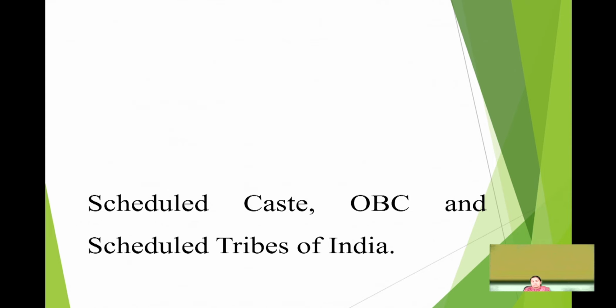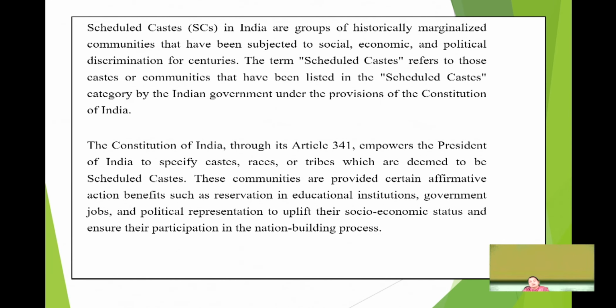So now we are going to get into the understanding of what is their amount, or how much of the Indian population comes under this particular category. So scheduled castes in India are groups of historically marginalized communities.